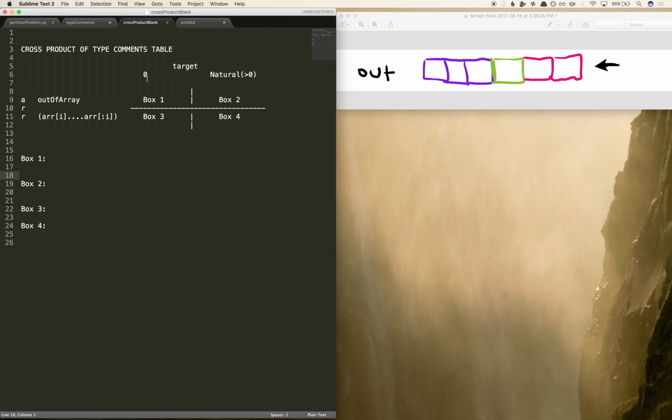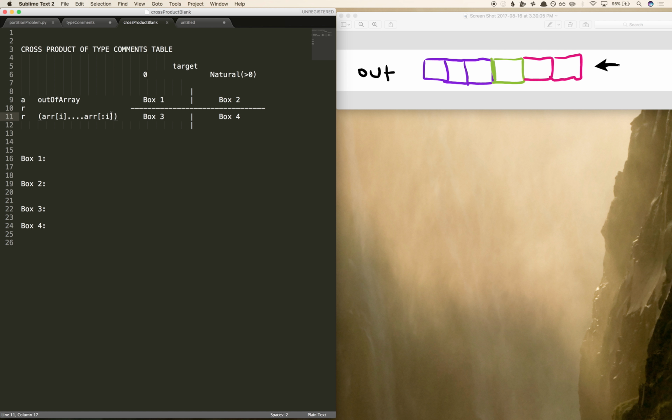At the top is target, which can be either 0 or a natural number greater than 0. And for the array, on the left-hand side, it could be out of the array, or array I is like the green box, and array colon I represents the purple box.